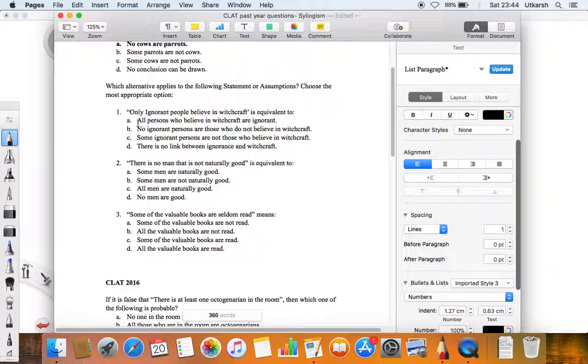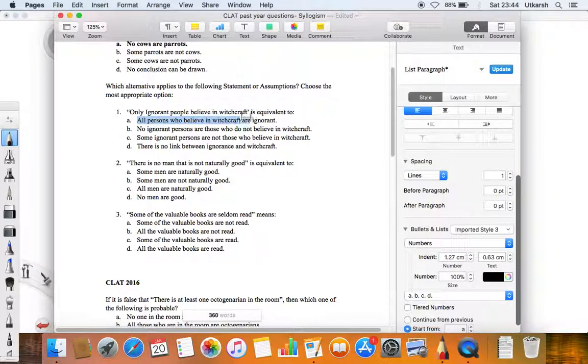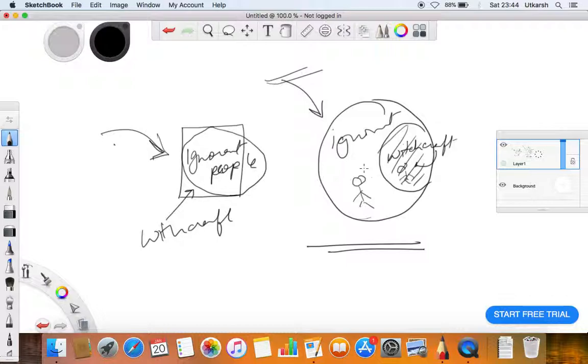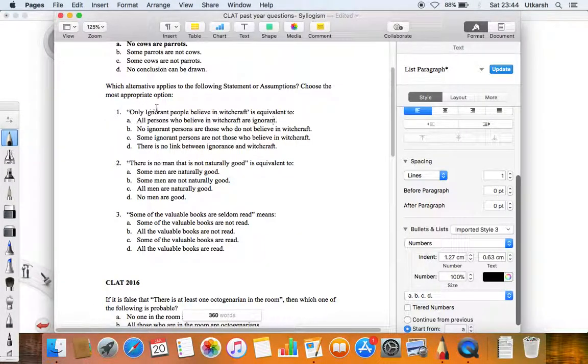What we can say with surety is that all those who believe in witchcraft are ignorant, because we don't really know. We are assuming that the size of the plate is smaller because all is not given instead of only, but that's just an assumption. So I would not pick this option because this is clearly a better option.